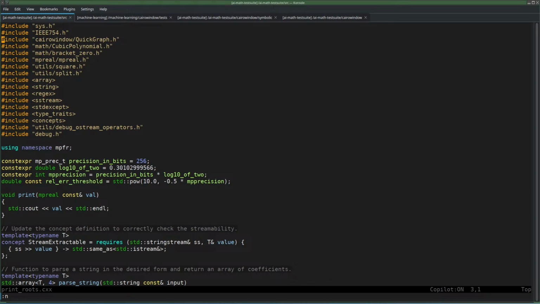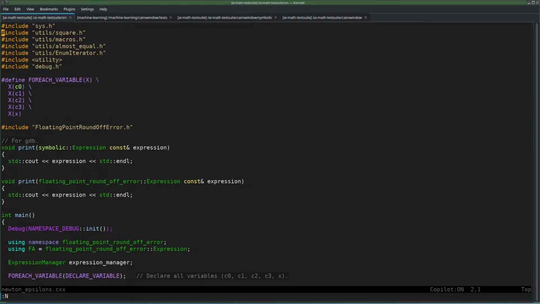Where are all my headers? I already have square. There's no way I need only these. Why do I only need these headers? Where is my symbolic? Oh yeah, okay. I didn't see it.